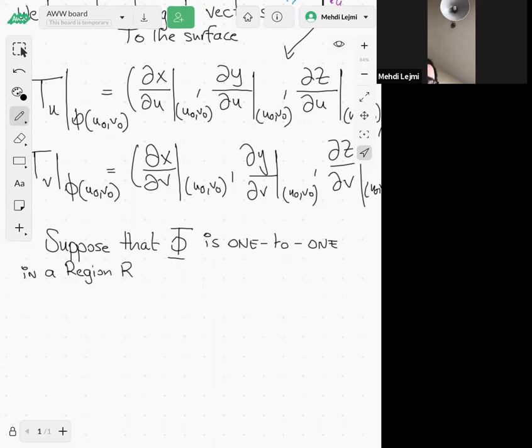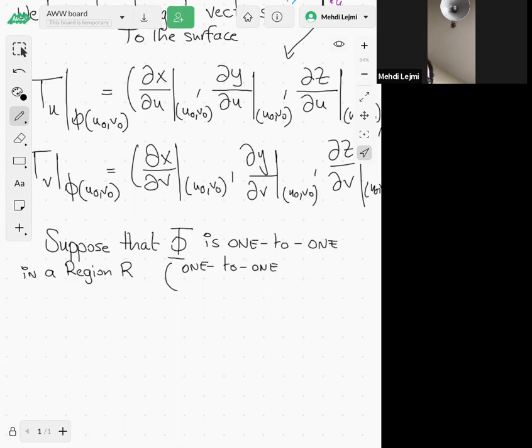Again, what does one-to-one mean? It means that if two points have the same image, then the two points are equal. I'm going to give you an example in a couple of minutes, guys.